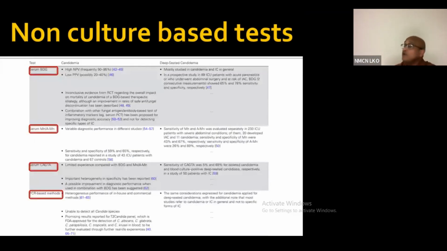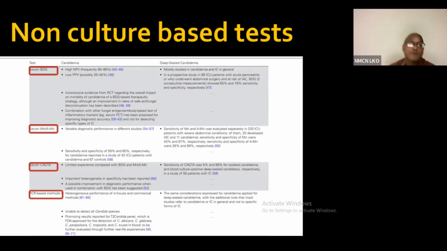So therefore, because blood culture problems were there, non-culture based tests are now being promoted. This is upcoming, and already going on. When I last presented this probably 10 years back, these were not available in our center. Some of them are now available, like the serum BDG.